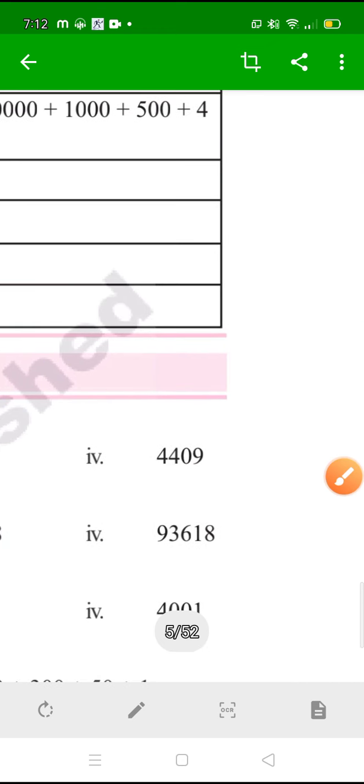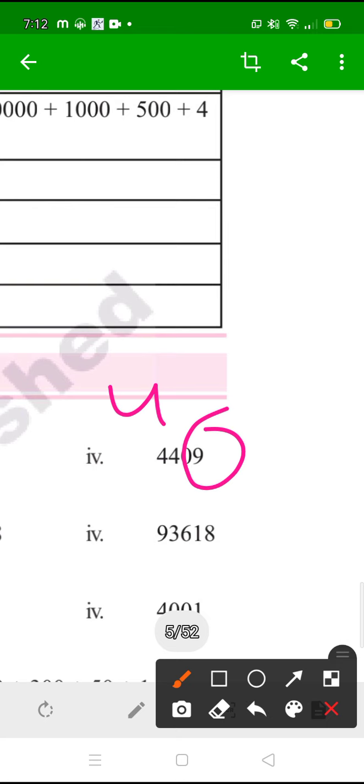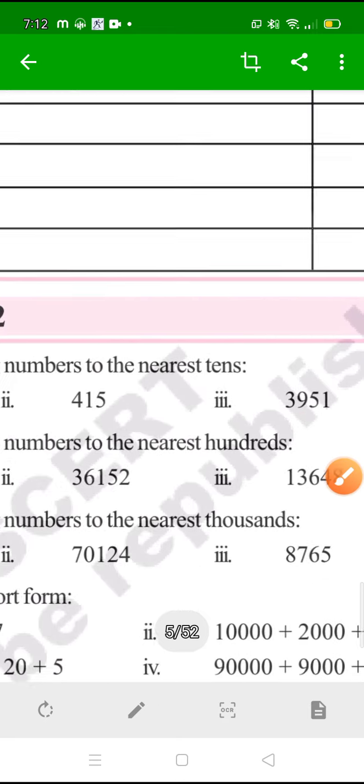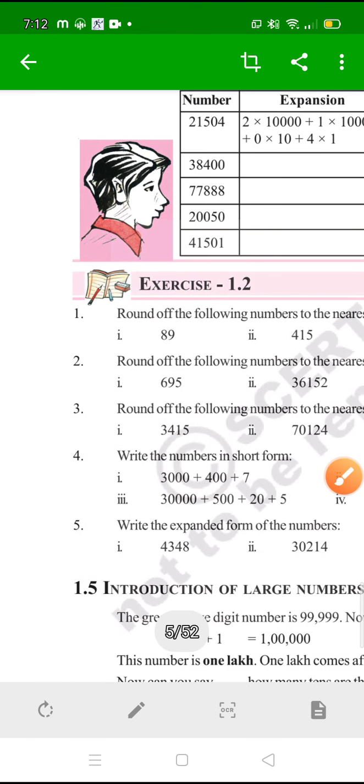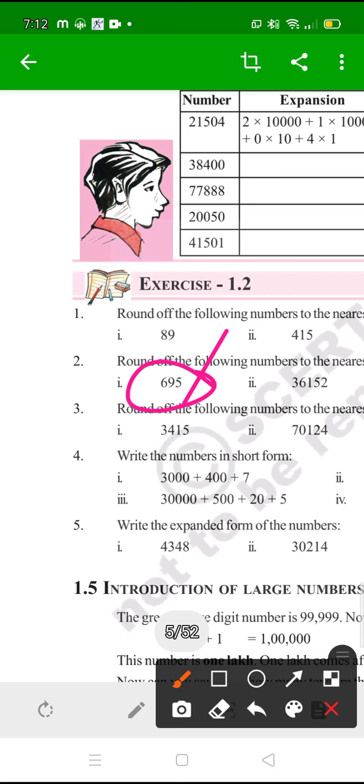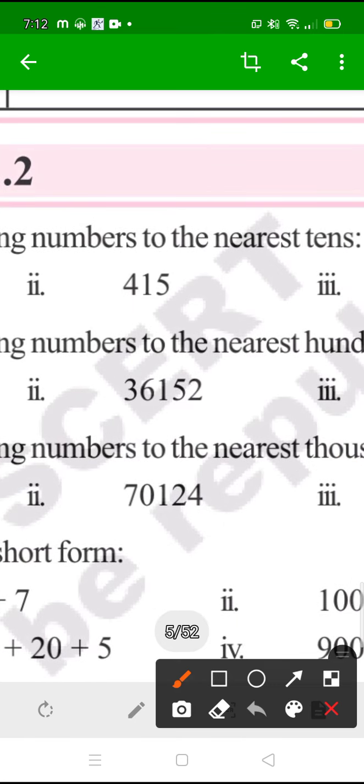If you see here, write down the nearest value. Same way, see here hundreds. In the second part they gave 695, which is nearest to 700. Next, 36,152. In this, look at the 152.